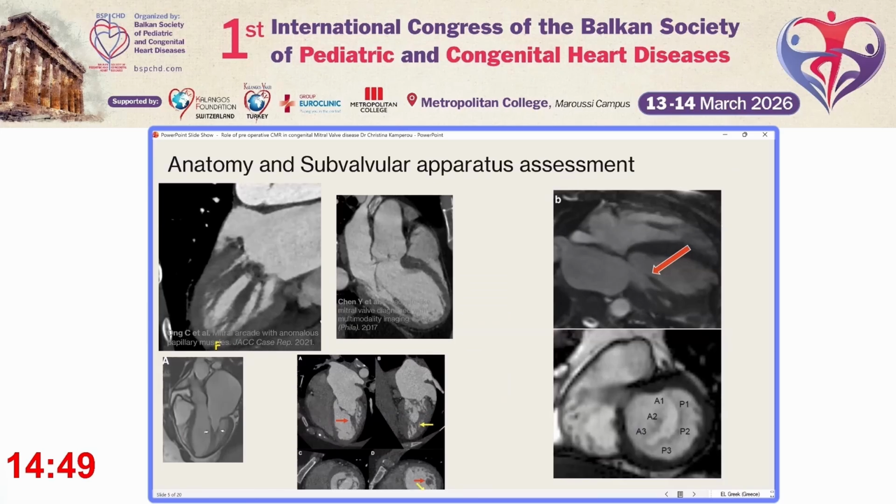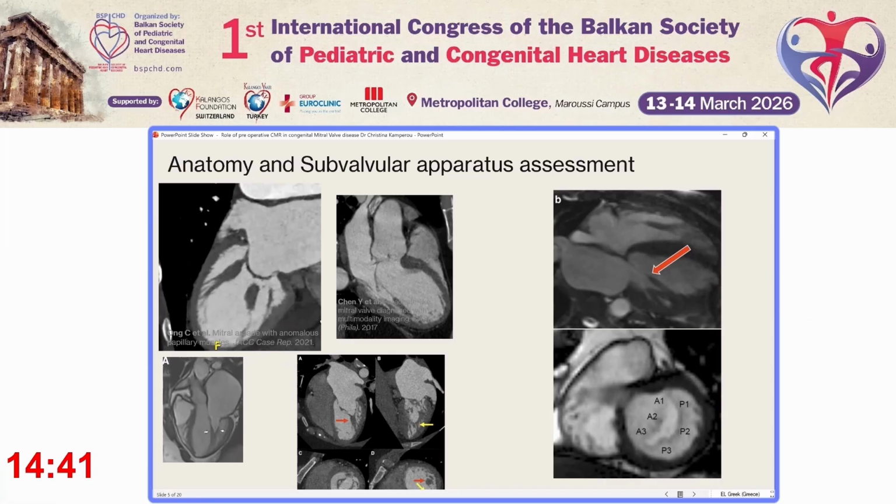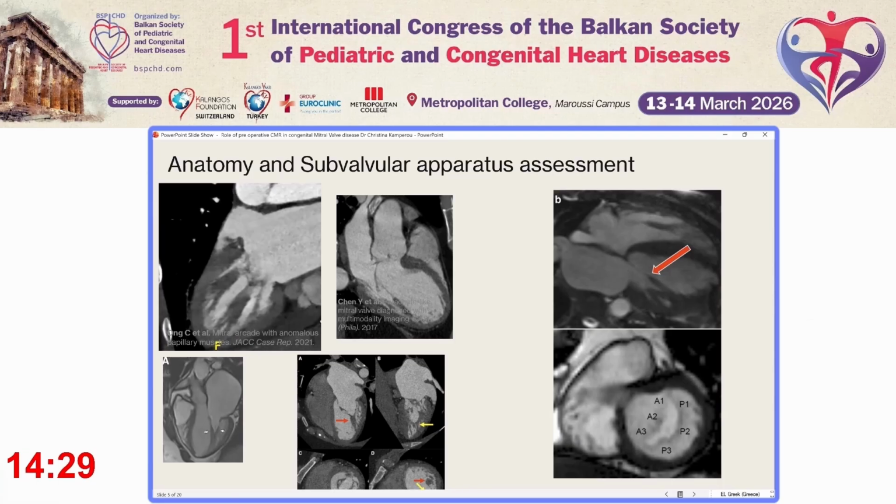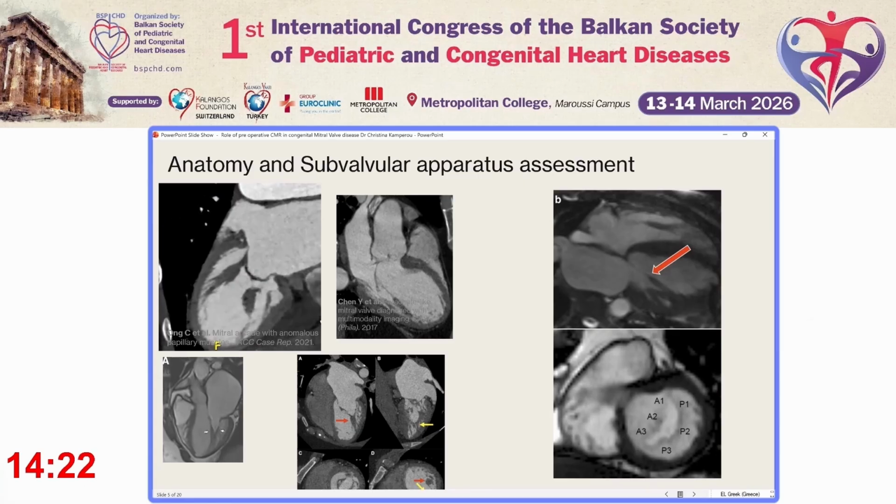A particular strength of CMR is the comprehensive evaluation of the entire mitral valve apparatus. Beyond leaflet morphology, CMR provides detailed visualization of the subvalvular structures, particularly the papillary muscles and their spatial relationship with the ventricular wall, and to a lesser extent the chordae tendineae. This becomes especially important in congenital mitral valve disease, where abnormalities are often complex and cannot always be fully characterized by imaging modalities limited by acoustic windows.